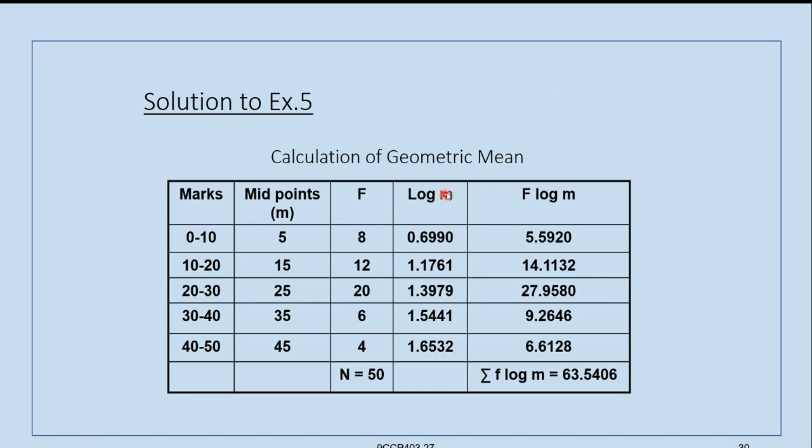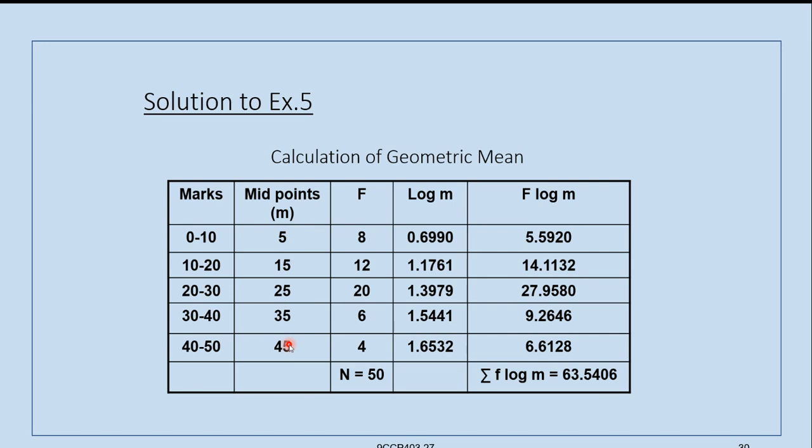So log m, we will take this. First of all, we find out the log m, and then we will do f log m. Only this step you have to remember. If you compare the discrete series with continuous, if you ignore this one and see only these midpoints, this series is nothing but the same as discrete series.